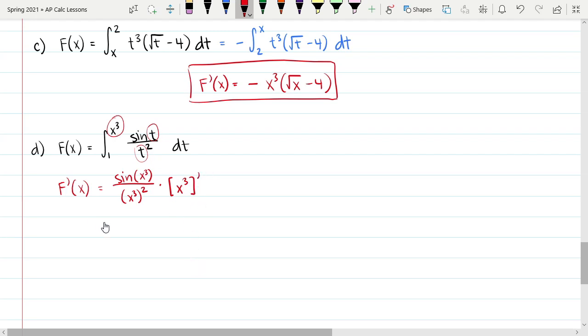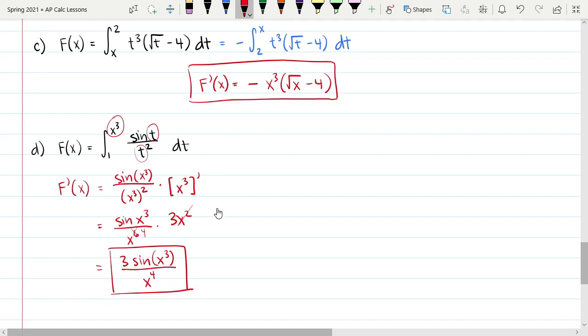So now when I simplify this a little bit, I'm going to have sine of x cubed over x cubed to the second. Remember, we multiply the powers there, so that's x to the sixth, times, and then the derivative of x to the third is 3x squared. And then we can simplify here a little bit. Those x squares cancel with 2 of those, and we just get 3 sine of x cubed all over x to the fourth.